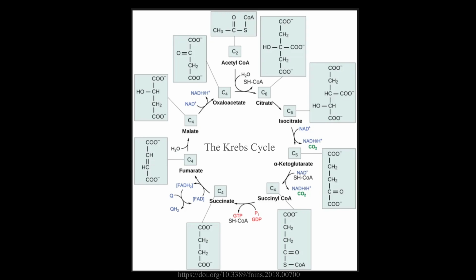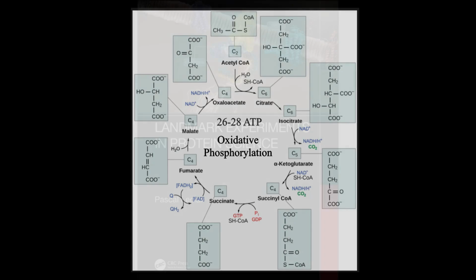In total, this cycle generates 6 molecules of NADH and 2 molecules of FADH2 per molecule of glucose, which then go on to donate electrons to the electron transport chain in mitochondria, where 26 to 28 molecules of ATP are generated by a process called oxidative phosphorylation, which I will begin to talk about in the next video.